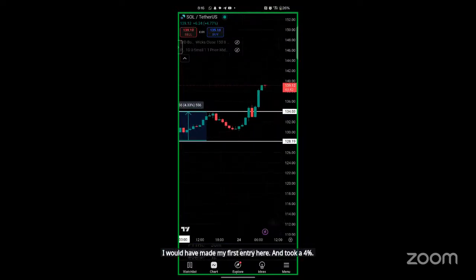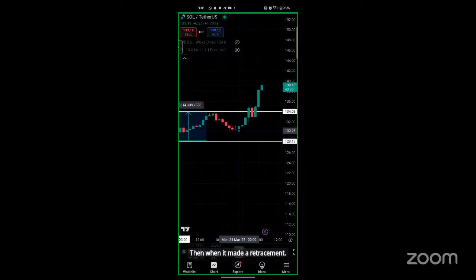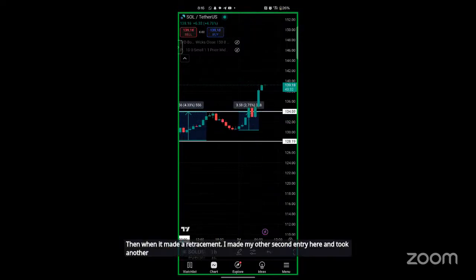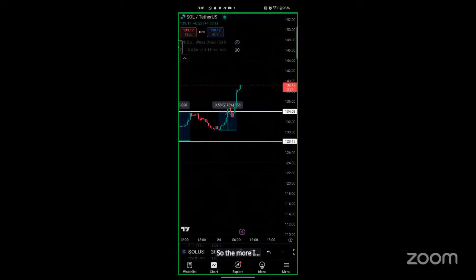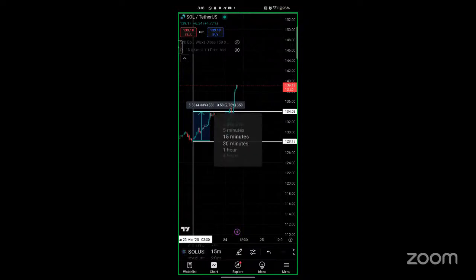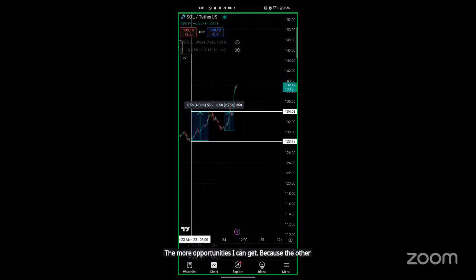Then when it made a retracement, I made my second entry here and took another 2%, which would be a total of 6%. So the more I lower the time frame, the more opportunities I can get, because the other one is a bigger picture and this one is a smaller picture.